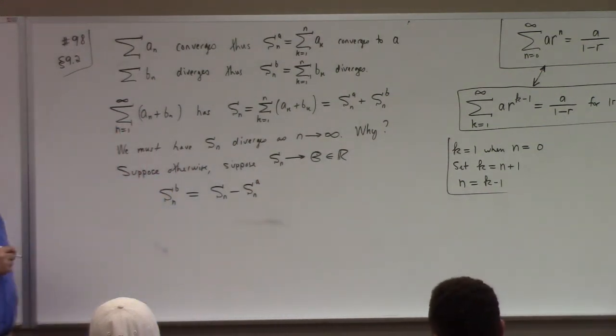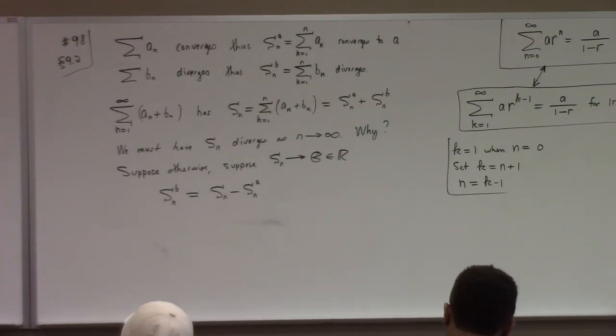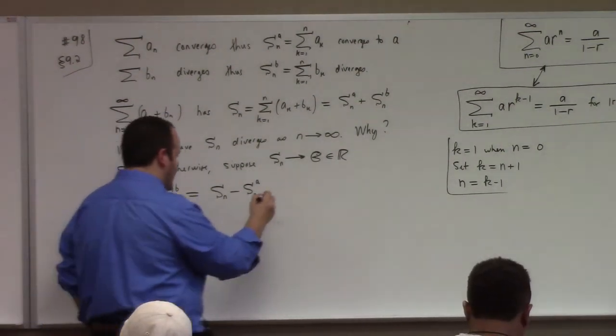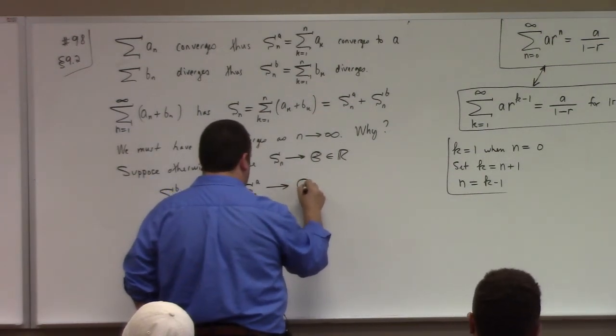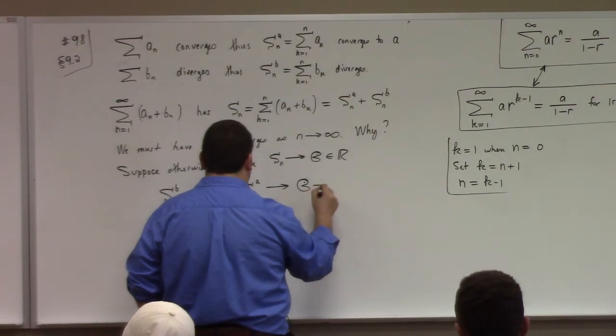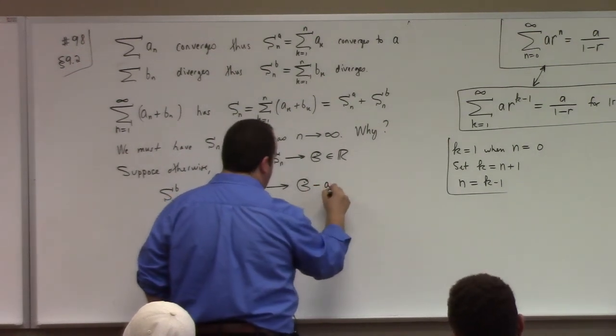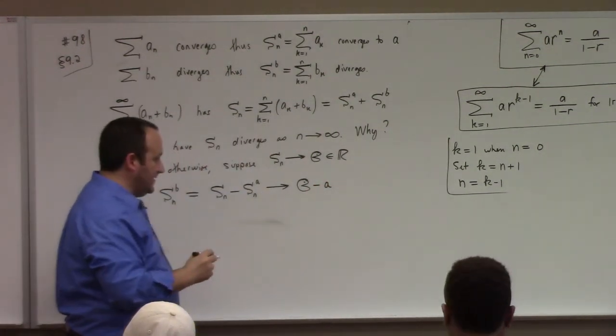What are we assuming then? I've assumed that this Sn is convergent. We're given that the partial sum for A is convergent, right? The difference of convergent sequences is also convergent. So this would converge to Pac-Man minus A, as n goes to infinity.